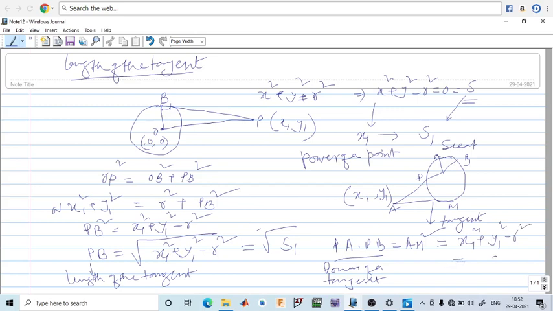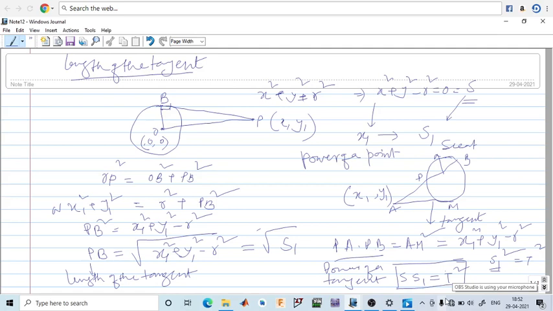That is, you can also say S1, or suppose I write the tangent length as t, then we can write S1 equals to t square. Clear? This is the power of a point.